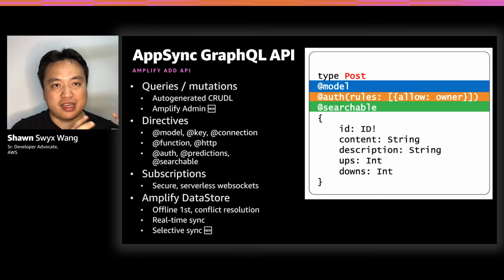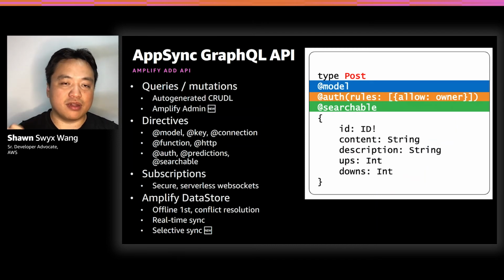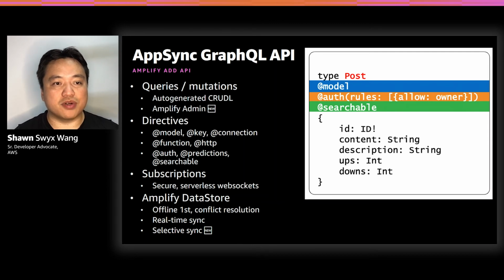The recently released Amplify Admin, which you can try out, is a visual builder for all this stuff that we're showing on the right. You used to have to learn the at rules. You had to manually type the fields within each model. Now you just set it up within the visual editor, and it works really great.